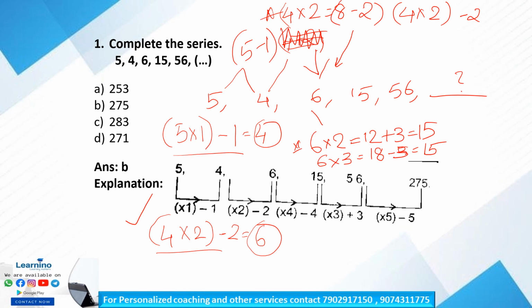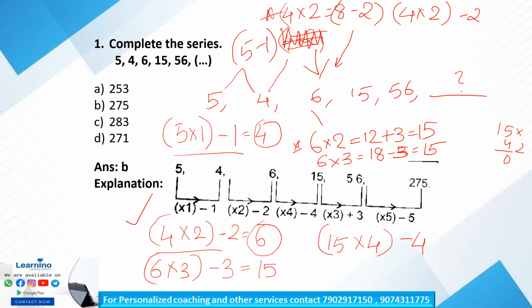So what about the third number? 6 into 3 minus 3 is equal to 15. So what about the next number? 15 into 4 minus 4. What is 15 into 4? It is 60. Okay, 60 minus 4 is 56. Is it correct? Yes.